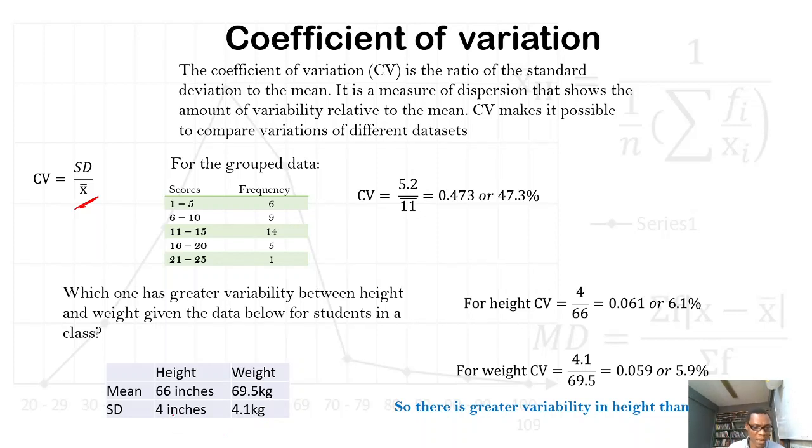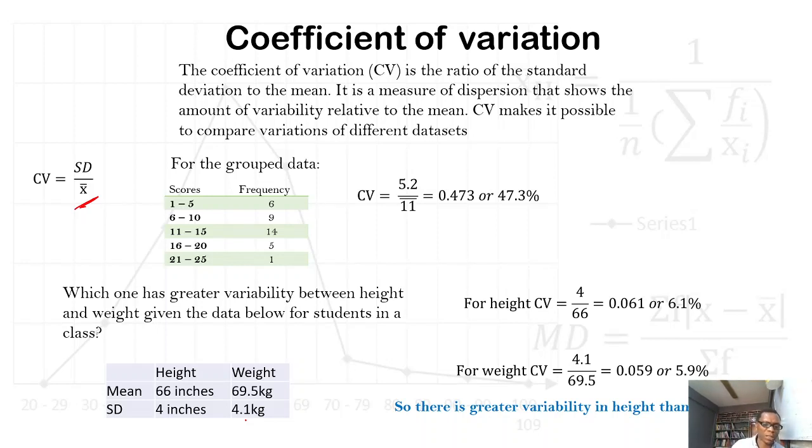Now, just looking at these two sets of data, if you compare directly, you will want to say that there is greater variability in weight because the standard deviation measures variation or dispersion or difference from the mean.